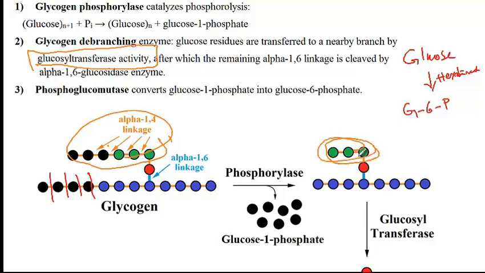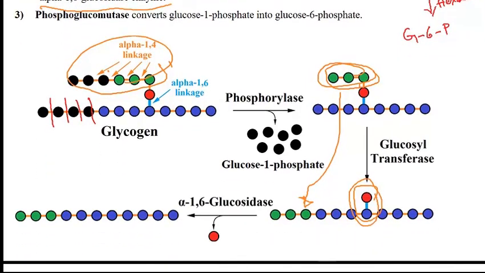Here you can see that the green ones have been moved to the nearby chain. So what we are left with now is only the alpha 1,6 linkage. And so this bond can now be broken by the alpha 1,6 glycosidase enzyme, which will release this hexose molecule.